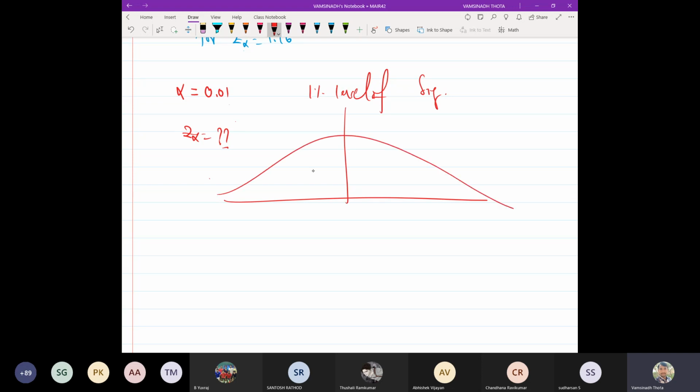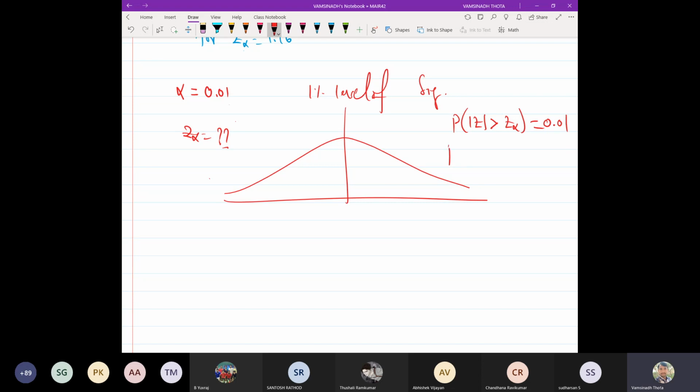Okay. Again, the same thing. The concept is the same. The concept is what? The probability of the test statistic value being bigger than the critical value should be equal to 0.01.